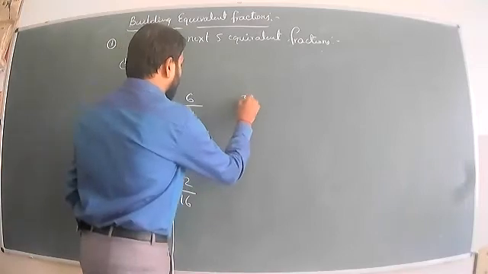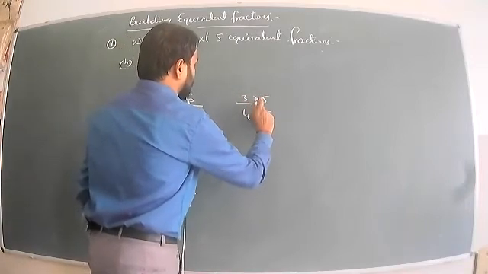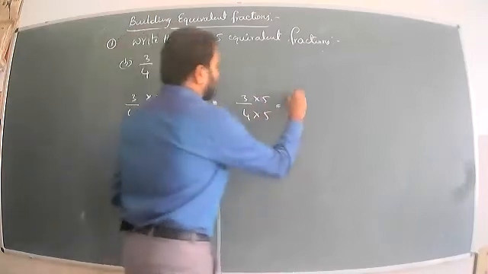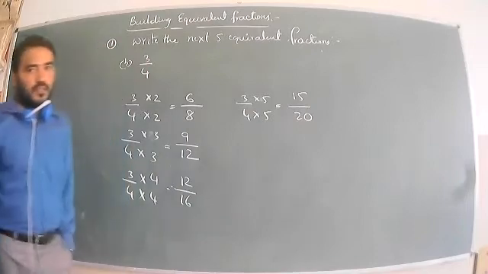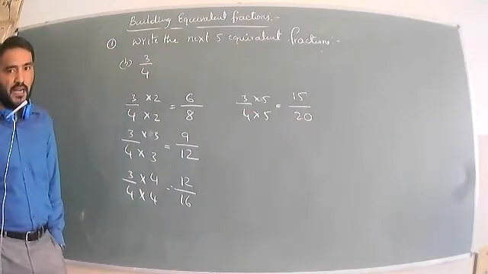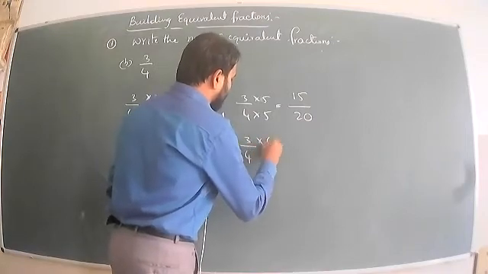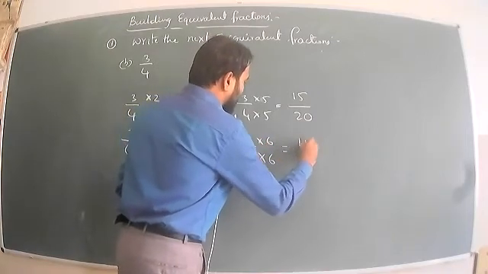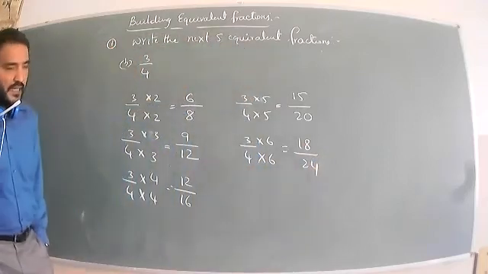Finally multiply by 5: 3 times 5 is 15, 4 times 5 is 20. Then multiply by 6: 6 times 3 is 18, 6 times 4 is 24. These are the equivalent fractions.